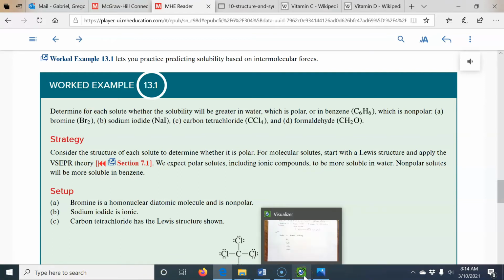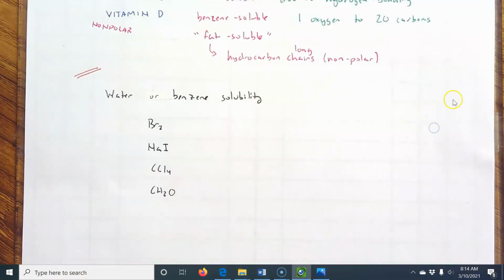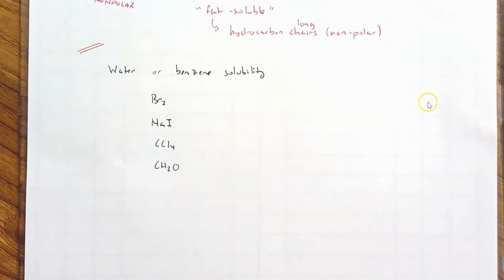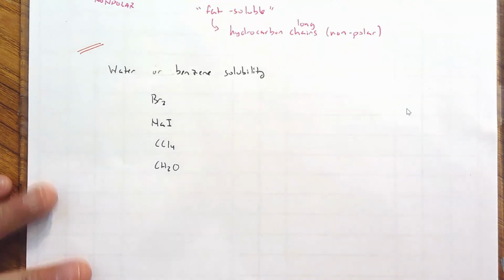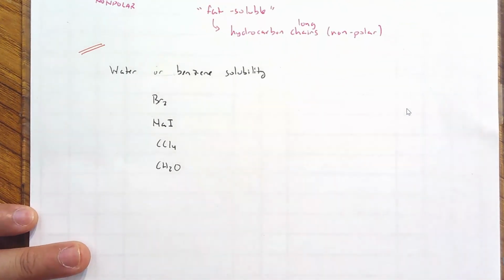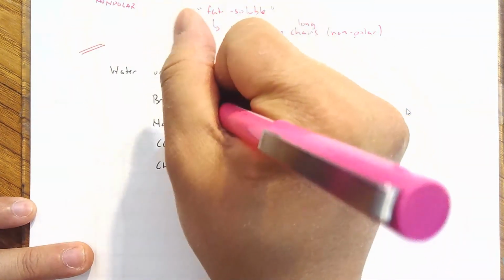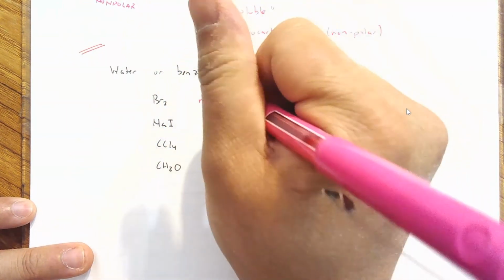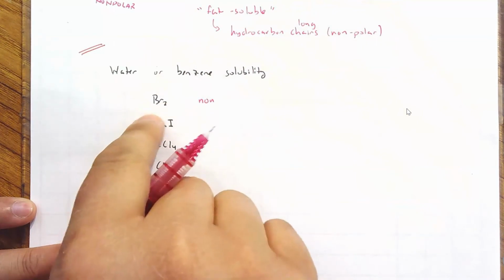I'm going kind of fast, so definitely test yourself. See if you could draw the Lewis structures for each of these. But let me show you the speed at which you should be able to analyze these on an exam. Br2 is diatomic. The Brs have an electronegativity difference of 0 because it's Br and Br.